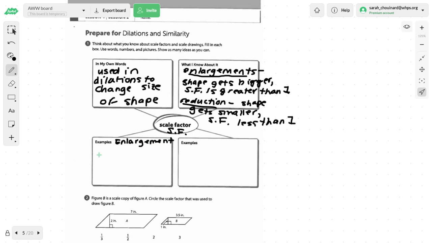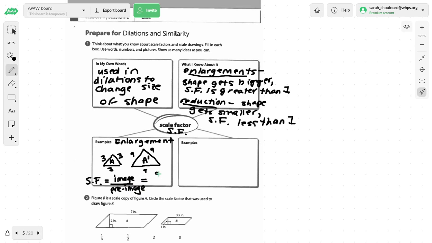And so it matters which is first, which is the original, the pre-image, and which is the image. So if this was triangle A, and if this was triangle A prime, if these sides are 3 and these sides are 9, to calculate the scale factor, we do image, so the second shape, divided by the pre-image.